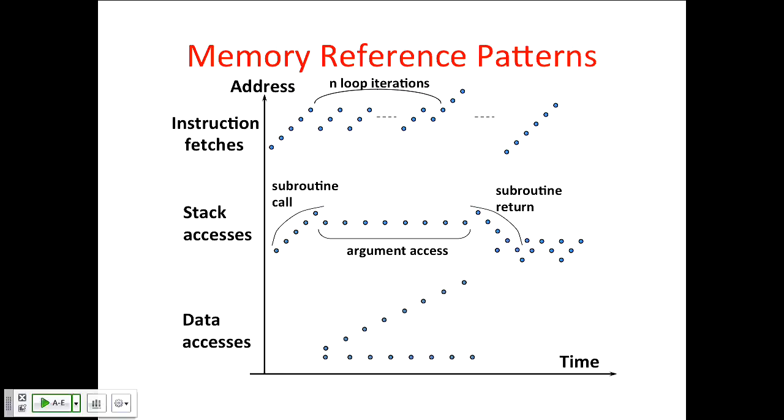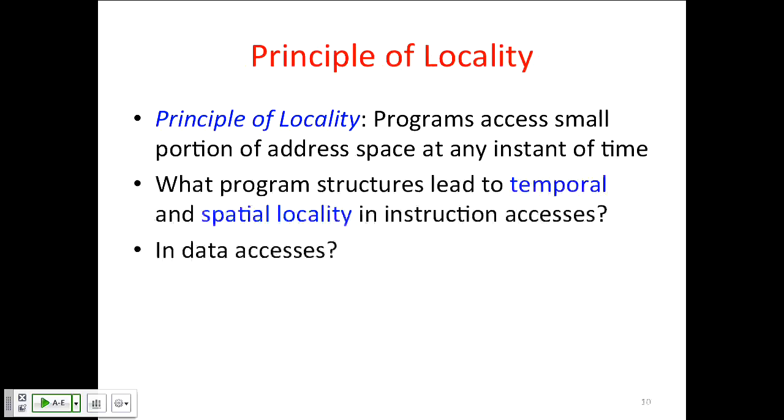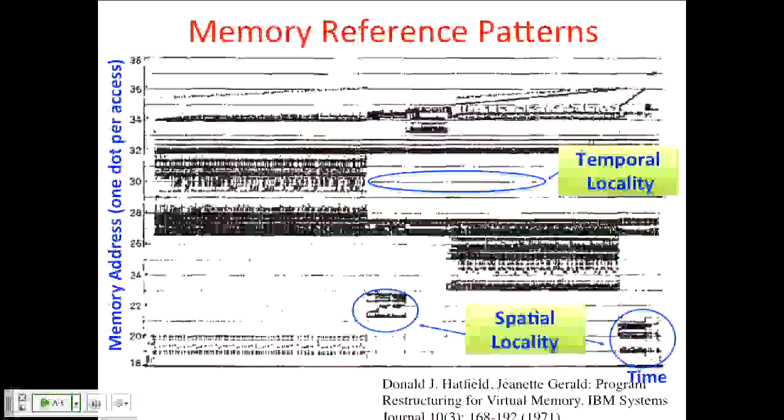Finally, we talked already about data accesses, so you see these patterns where if you're accessing a vector and stepping through the elements, it looks like this. Or if you have a scalar variable, you just access the same location repeatedly, okay? So now this helps you explain, maybe go back to the scatter plot. You start to see, this is some kind of vector access here, some array.